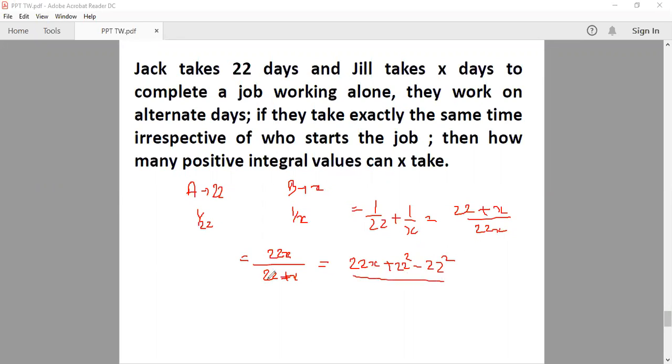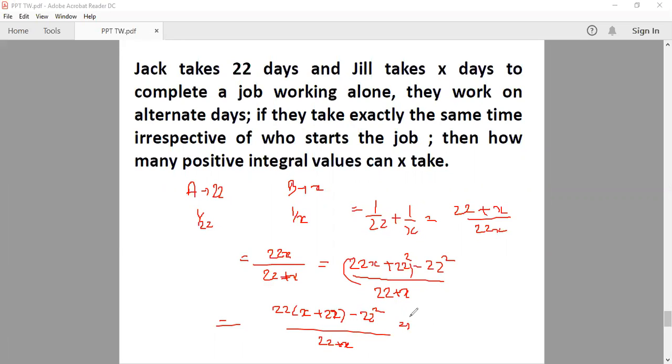ठीक है, अगर आपको इसको सॉल्व करना है तो इसको 22x plus 22 square minus 22 square upon 22 plus x। अगर मैं फर्स्ट इन दोनों ब्रैकेट में से 22 कॉमन ले लूंगा, ये कॉमन ले क्यों रहा हूं मैं ये भी बताता हूं आपको। 22 कॉमन लिया, if I took 22 common I am left with x plus 22 minus 22 square upon 22 plus x. Now this is subtraction.